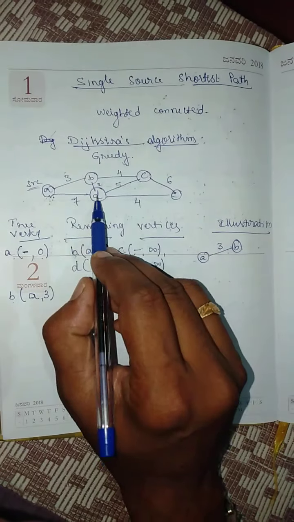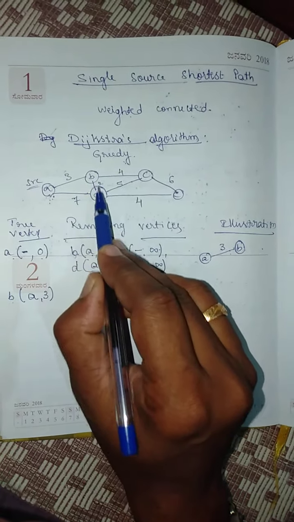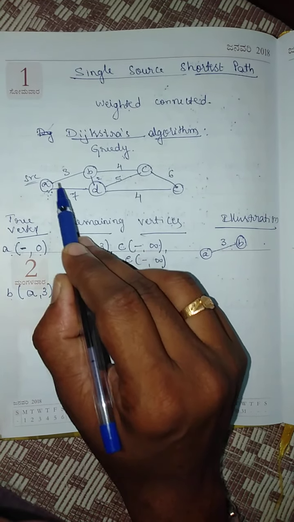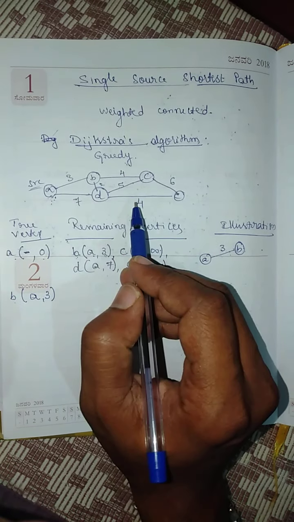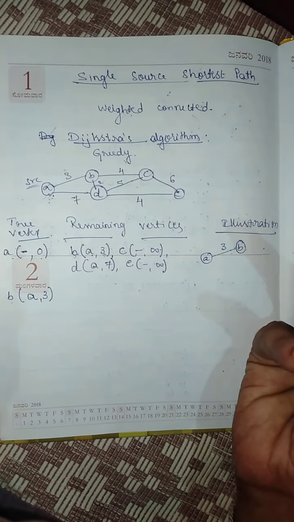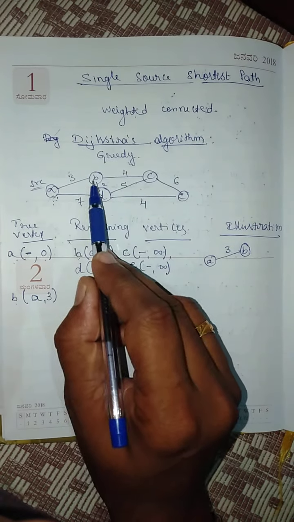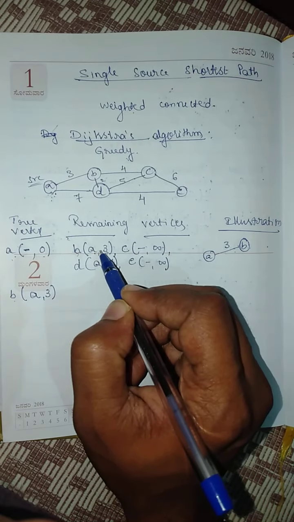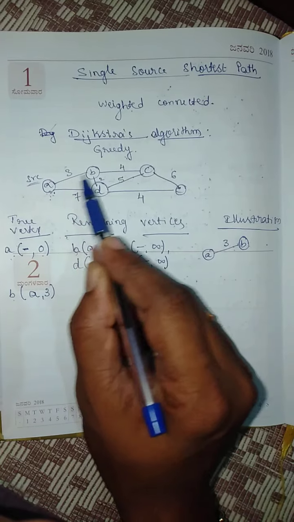I mean the vertices which are connected to the vertex under consideration are called the fringe vertices. Now you have to consider the fringe vertex which is minimum. When we considered A, connected to A were B and D as the fringe vertices, and the minimum cost was 3.